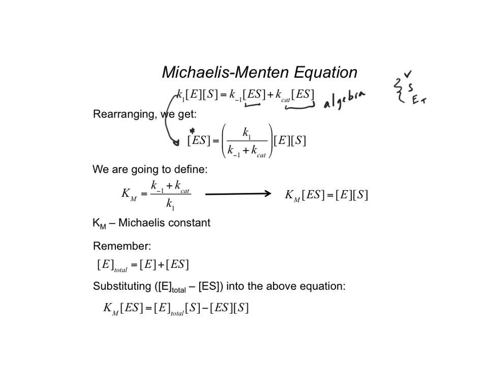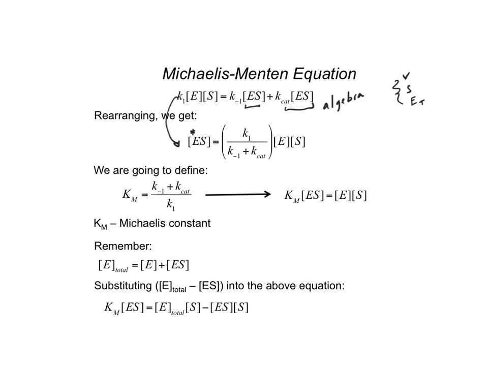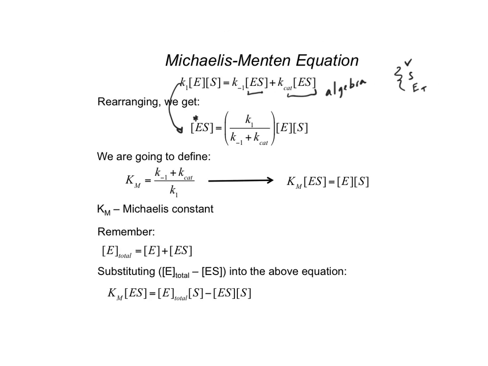Okay, so with this, we are going to define a parameter or a constant, and this is going to be called Km. This refers to the Michaelis constant, and we are going to define Km as this ratio of rate constants.